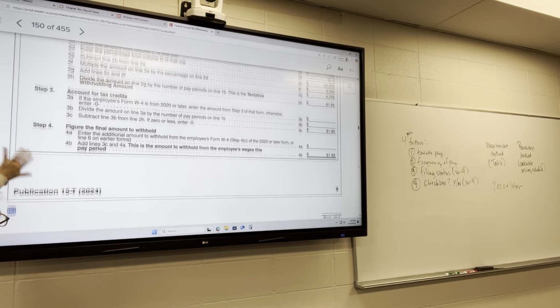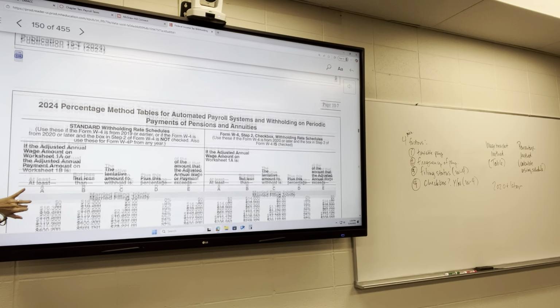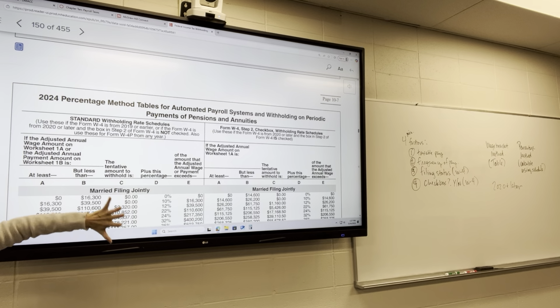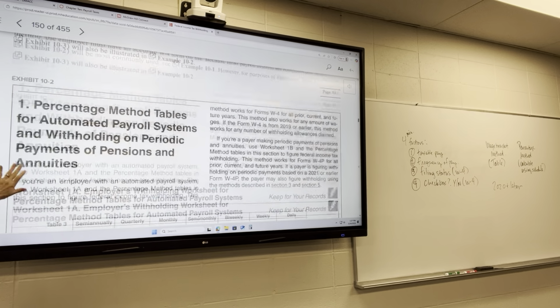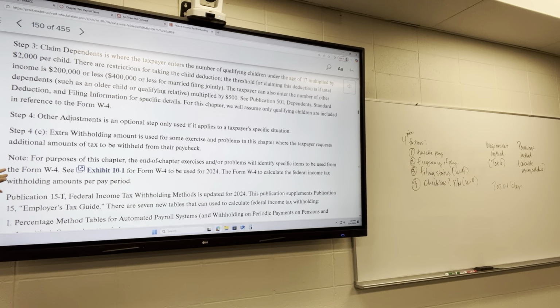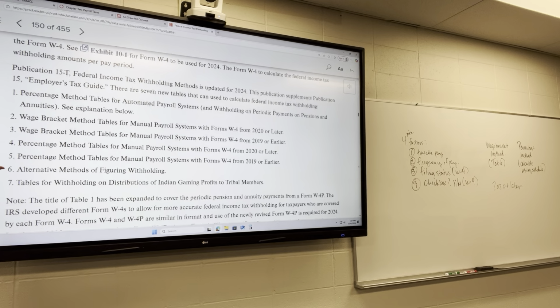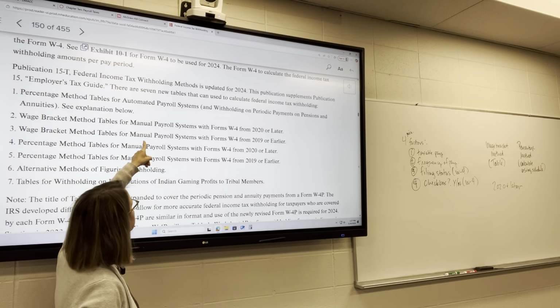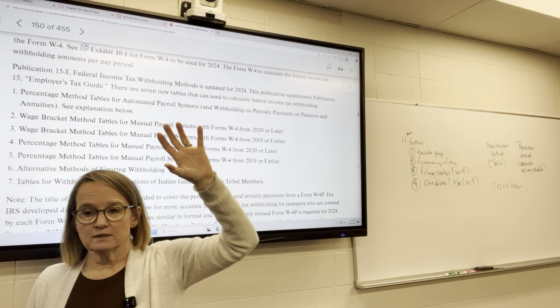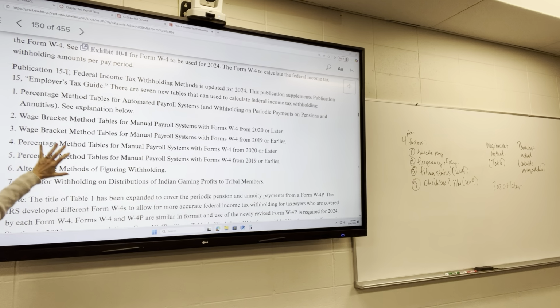So let's go through this automated payroll systems method. You'll see up here, these four tables or four methods are for manual payroll systems. So if you're doing it by hand, you would use these.